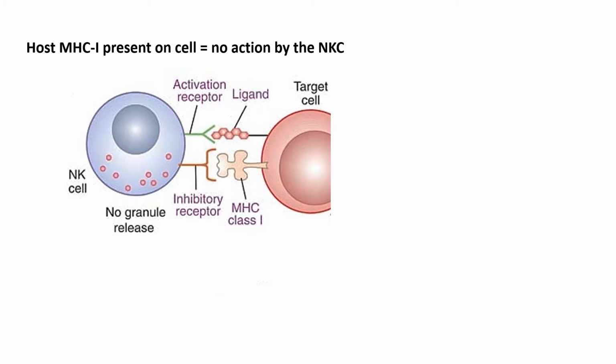In this case, it's found MHC1, that MHC1 is expected host cell MHC1. That's absolutely fine. Again, it's not interested in what the MHC1 is displaying. It's interested in the flag post rather than the flag. But it's quite happy with this. This cell has MHC1.